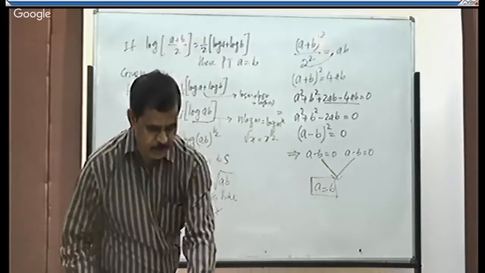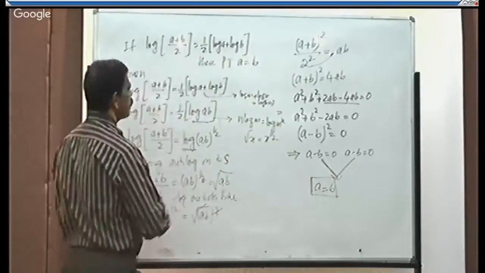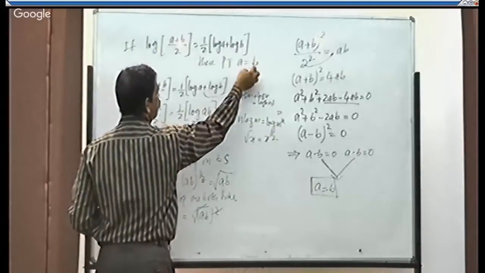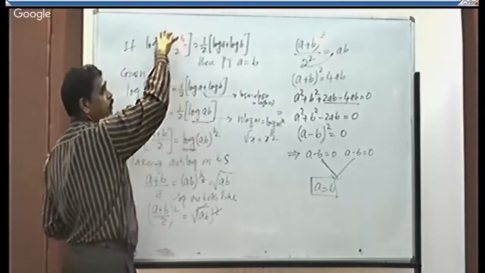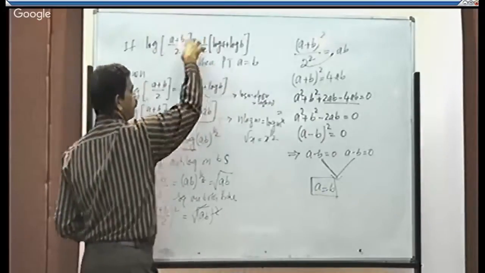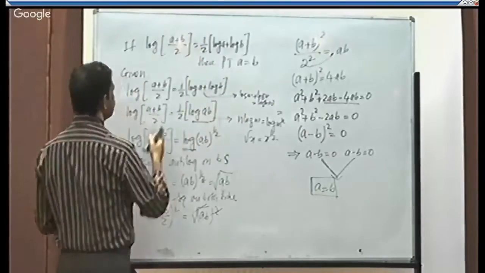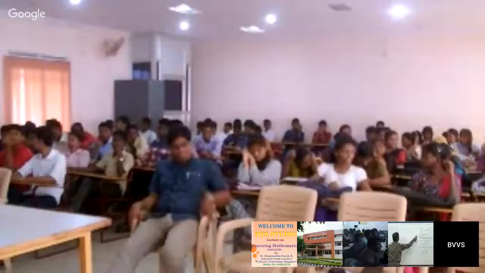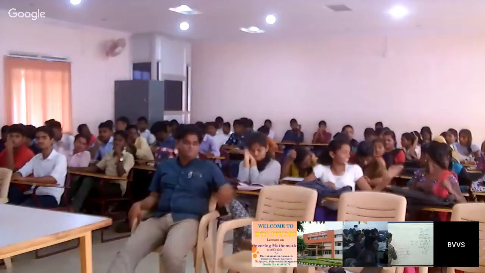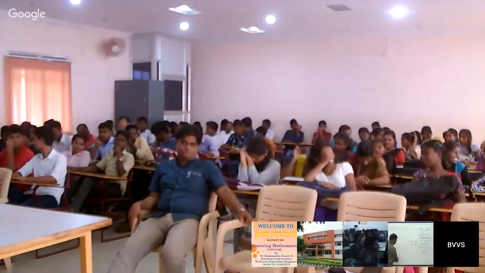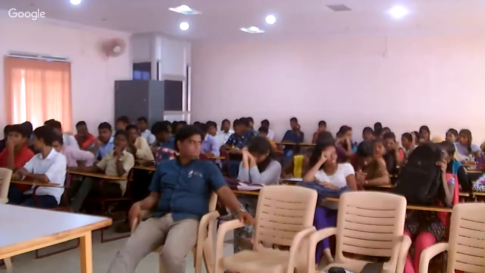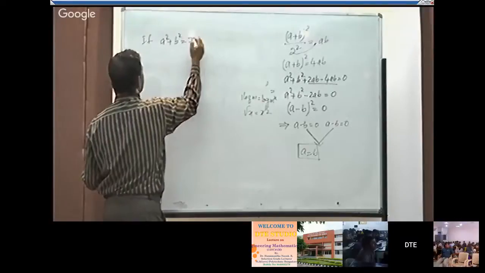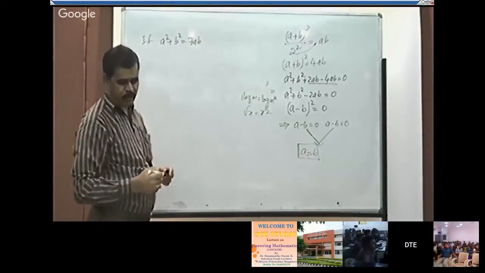In the same way, let us take an algebraic equation and prove it in logarithmic form. In reverse, we can also prove it. I am taking such a problem. If a square plus b square is equal to 7ab, I am taking an algebraic equation.